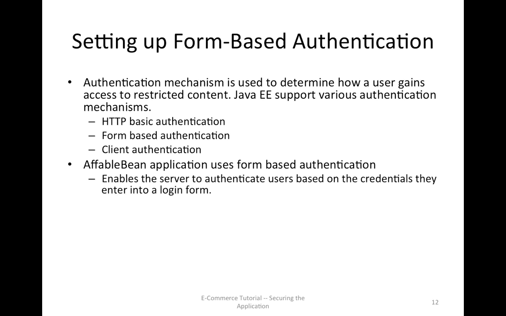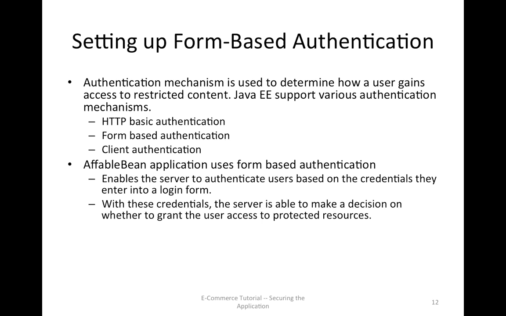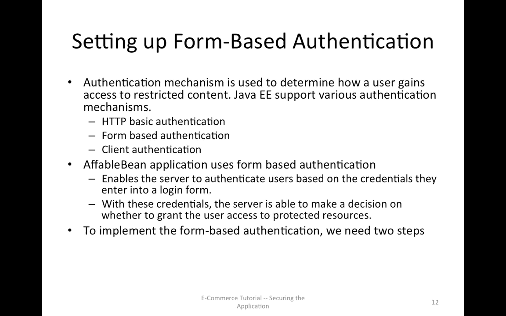This has the following functionality. It will enable the server to authenticate the user based on the credentials they enter into a login form. With these credentials, the server is able to make a decision on whether to grant the user access to the protected resource or not.